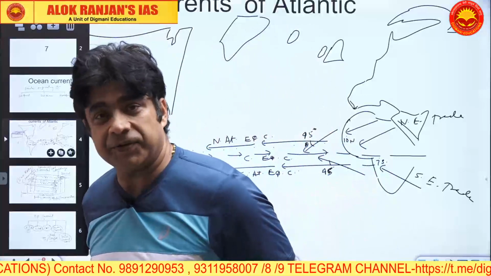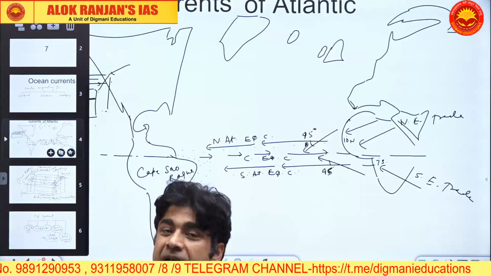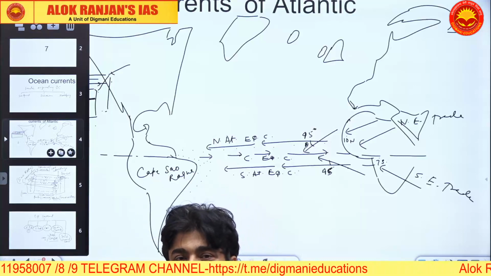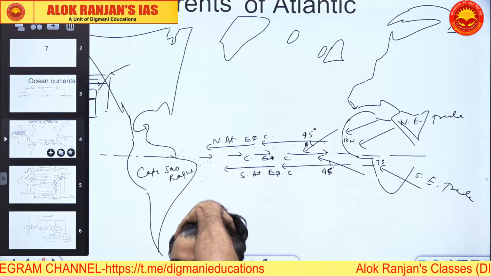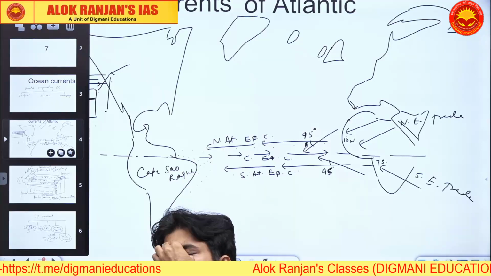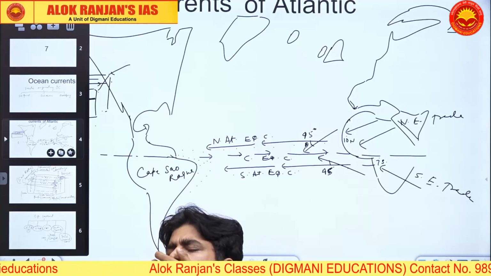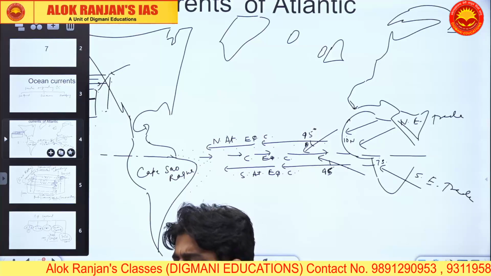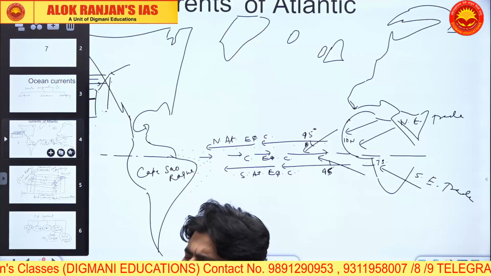The trade winds produce frictional drag as they are offshore along the coast of Africa, along the Guinea coast.